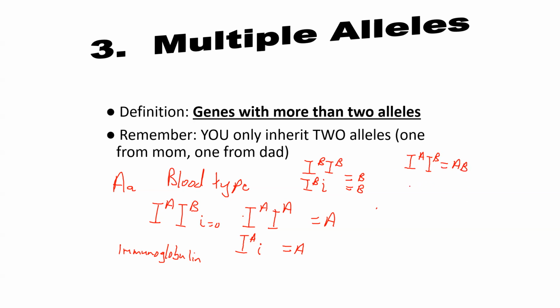And the only way to get blood type O is to have two recessive genes. So from those three alleles, we have 6 genotypes for blood, and 4 phenotypes. So already we're getting more variants than we would in standard Mendelian genetics, right?